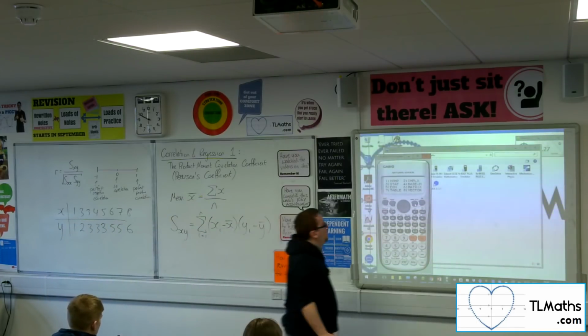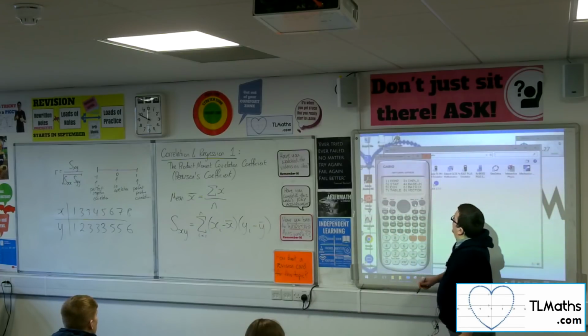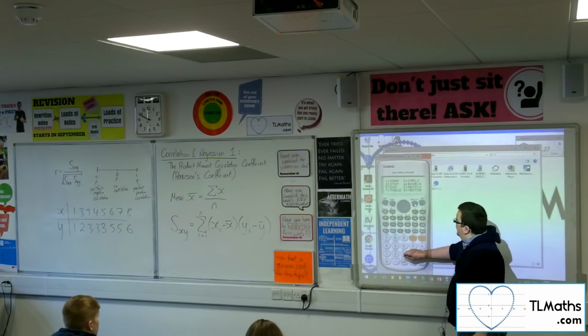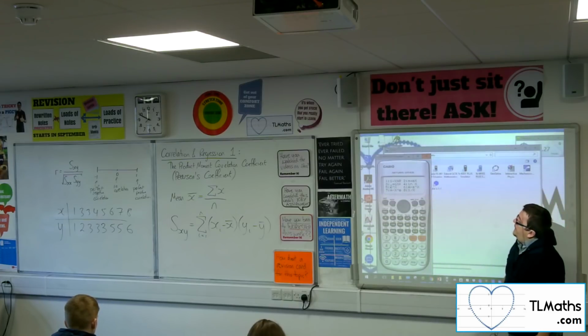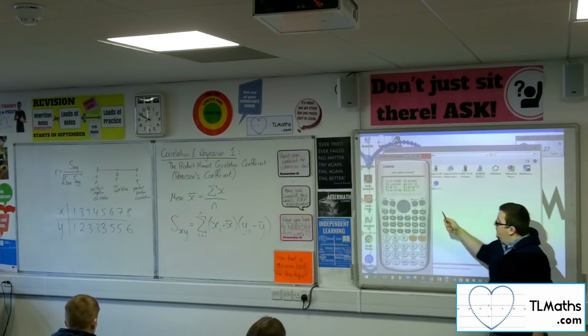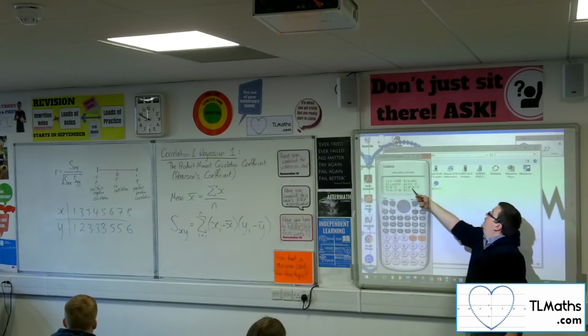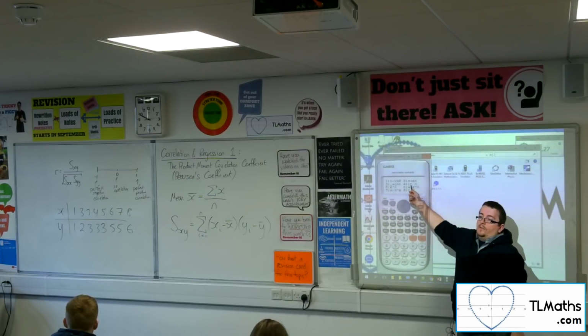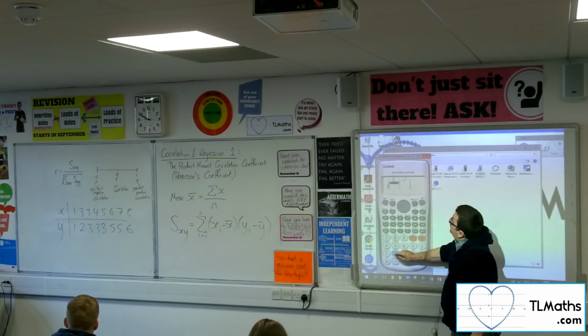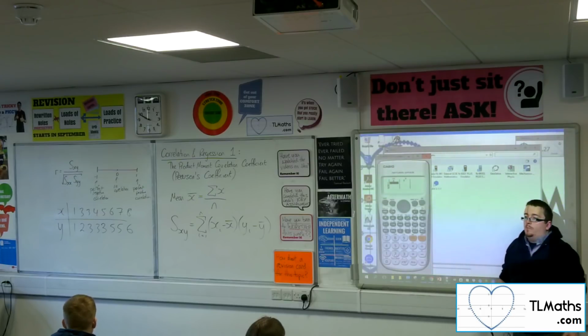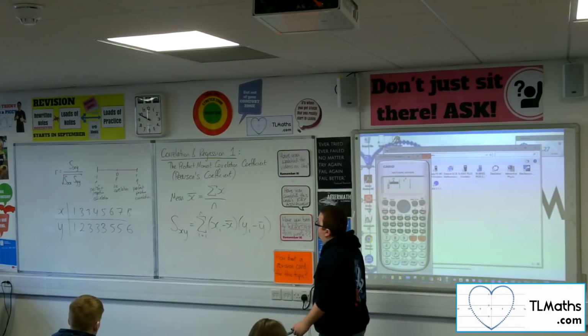And then input the data. So on the older Casio, when you go into mode, then number 3 for stat, then it's a plus bx, number 2. You'll get up a table and you need to fill in your x's and y's, okay?